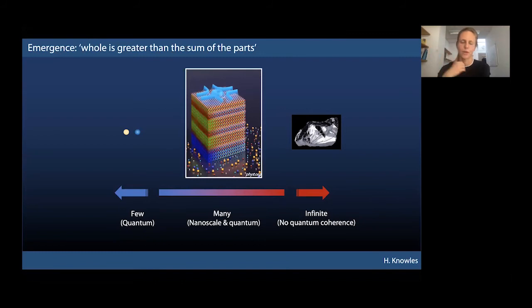For example, materials growers nowadays can generate amazing materials with different types of atoms layered on top of each other, and interesting emergent phases occur at their interface that are very hard to predict. We measure them in bulk, large scale samples, but we don't really understand where they come from, simply because it's complex enough that we can't simulate it.